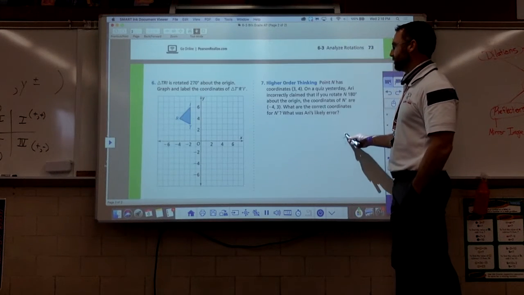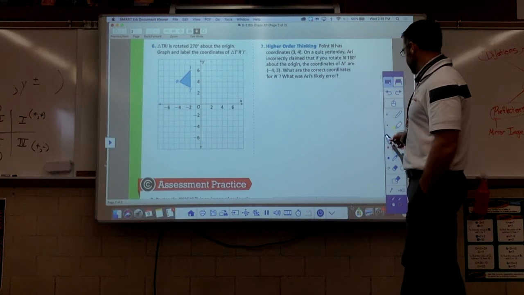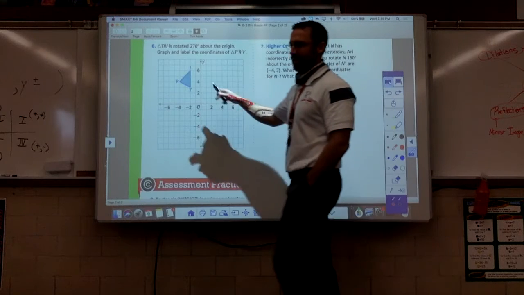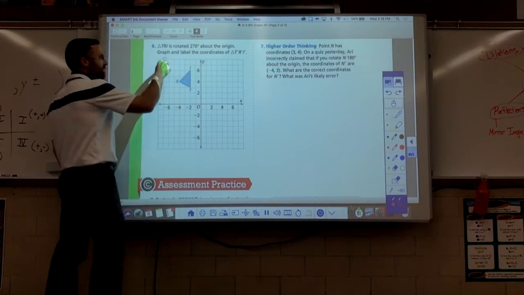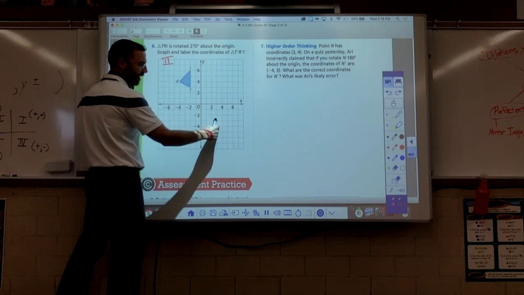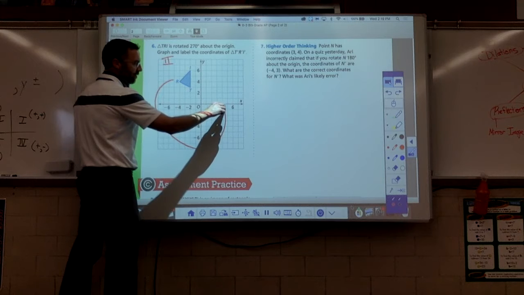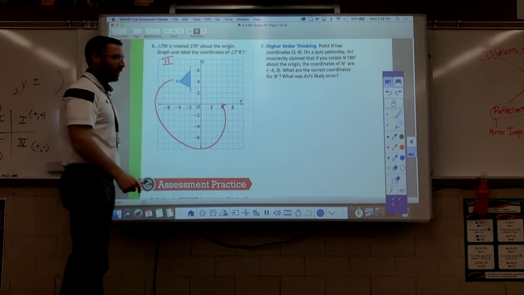Flipping over to the back. It says, we're going to rotate that 270 degrees. So think about it. Right now it's in quadrant 2. 270 degrees. 90, 180, 270. We're going from here all the way around into quadrant number 1.